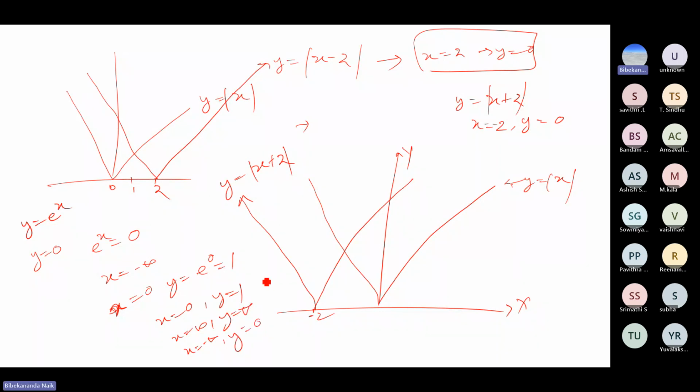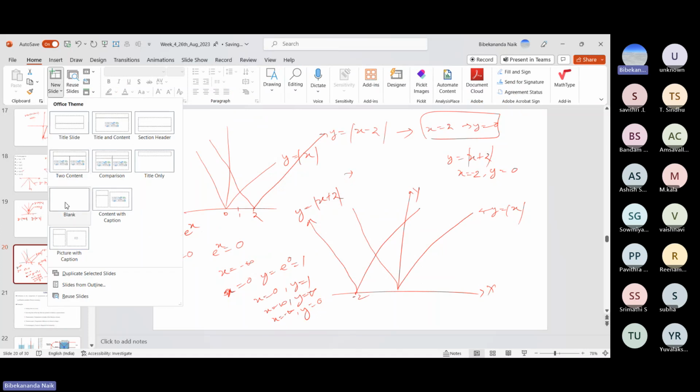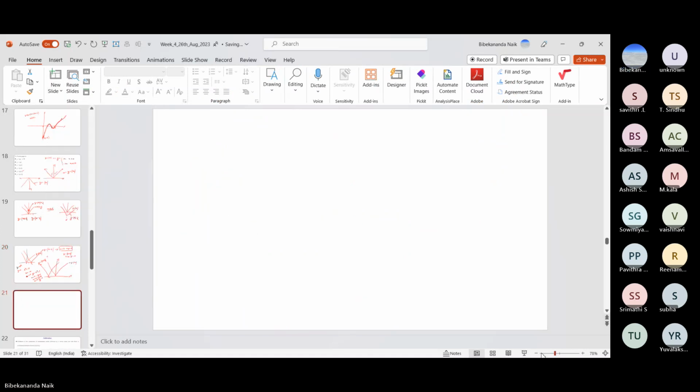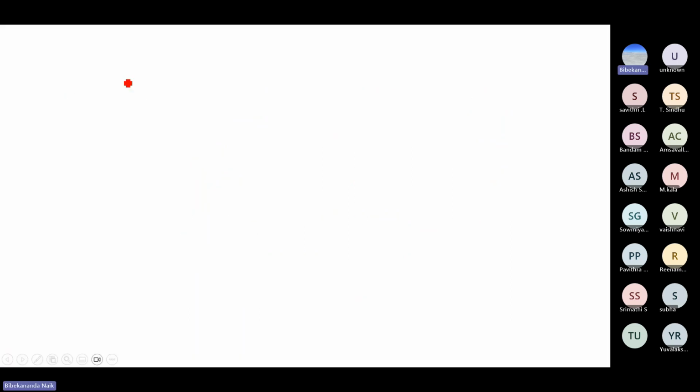So what will be the function? We got points at x equal to 0, y equal to 1, x equal to infinity, y equal to infinity, and x equal to minus infinity, y equal to 0.